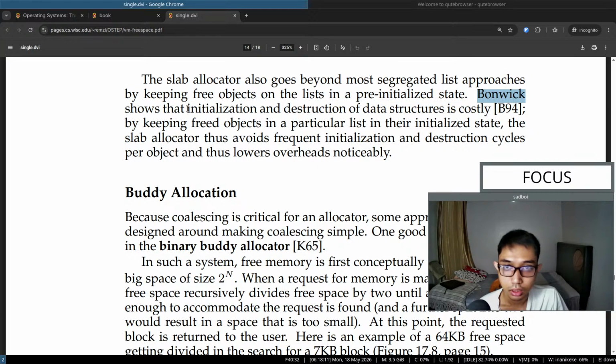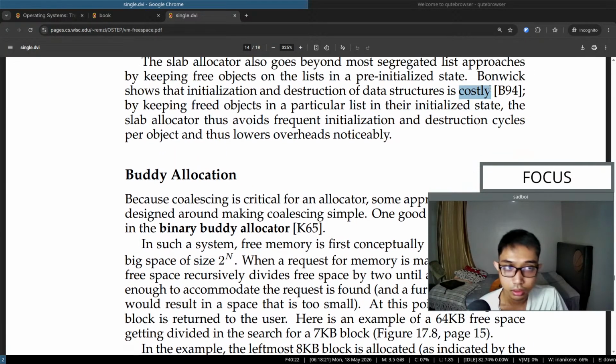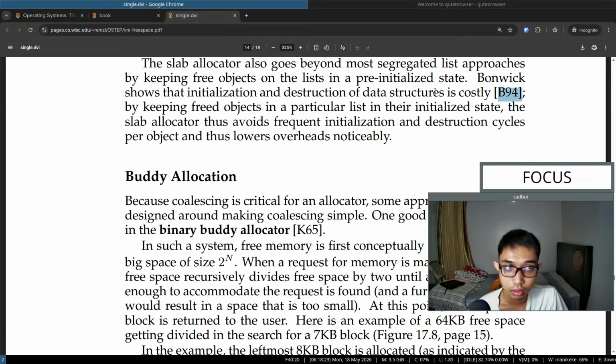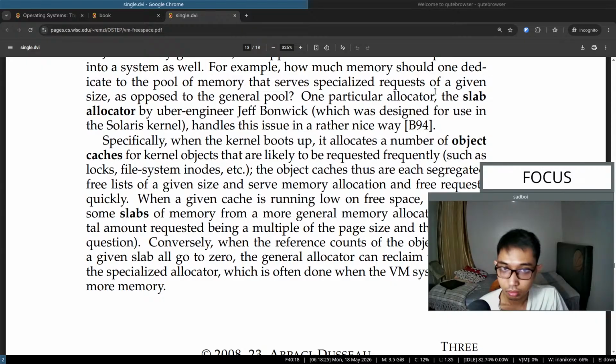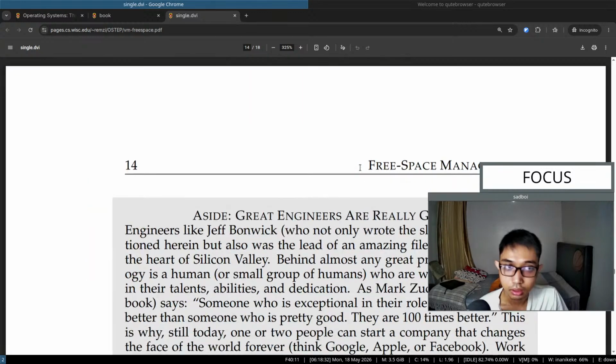Bonwick shows that initialization and destruction of data structures is costly. Is it the same reference? Oh, okay, it is the same reference.